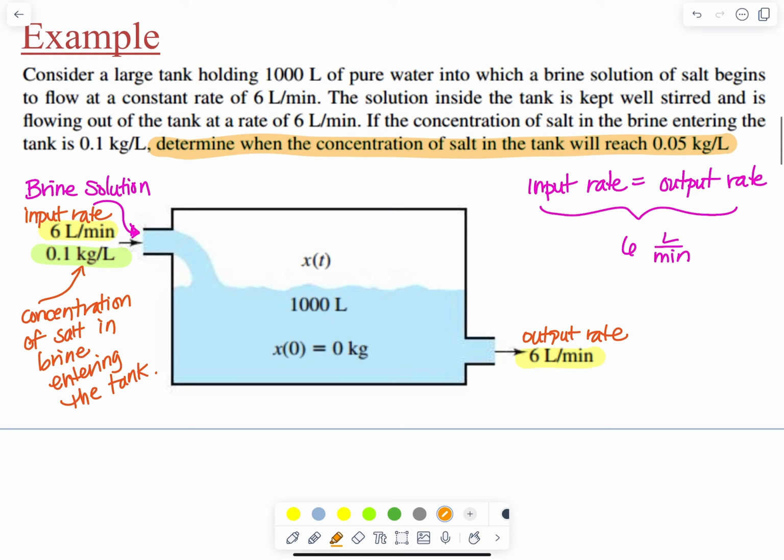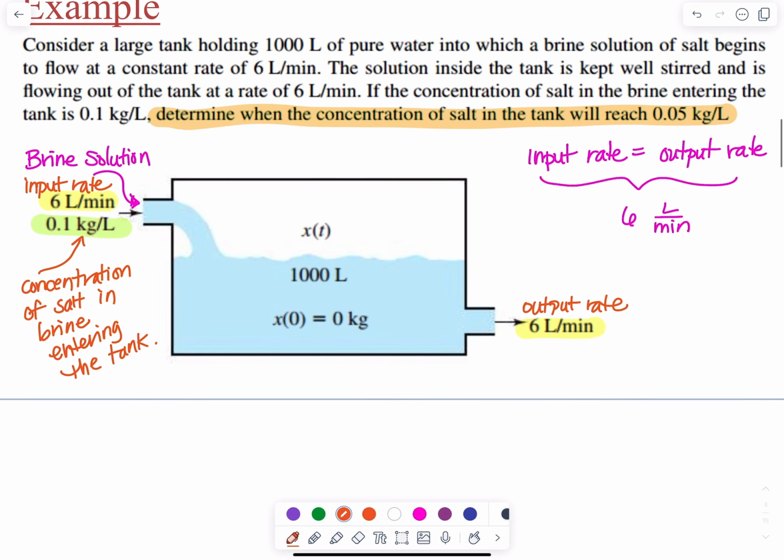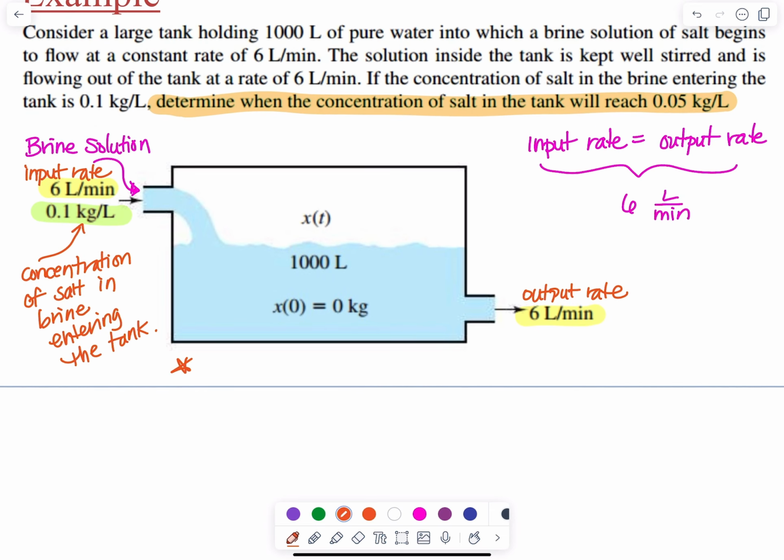So we will view the tank as a compartment containing salt.